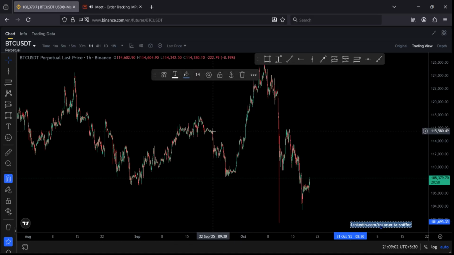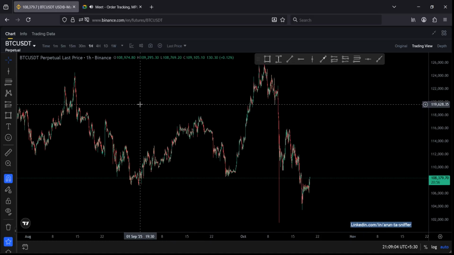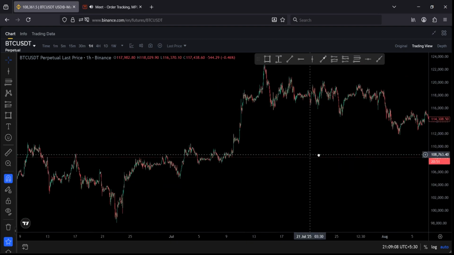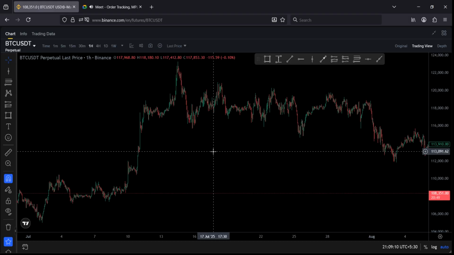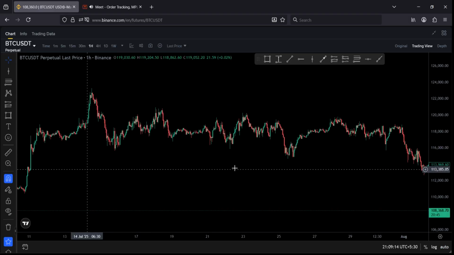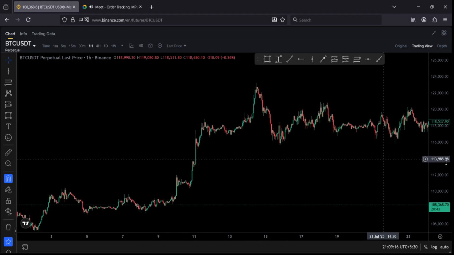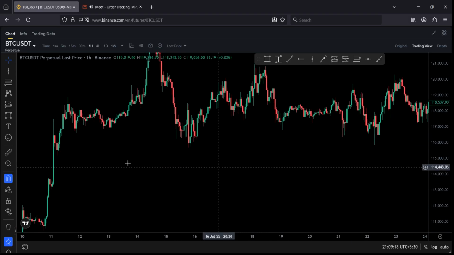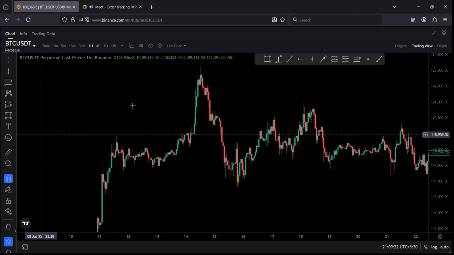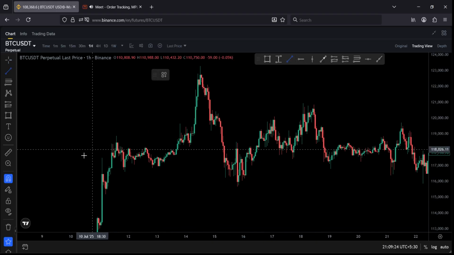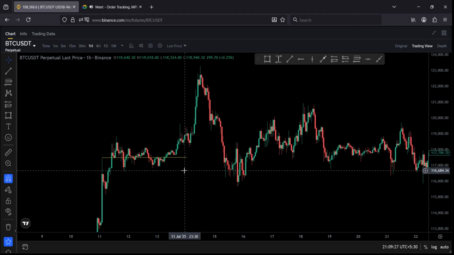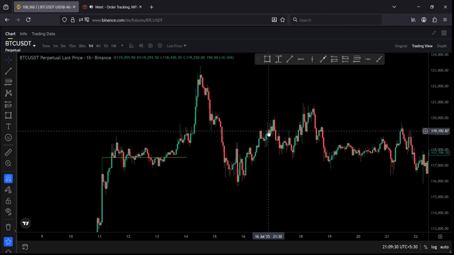Anyway, so we are going to find this structure like this. If you look at this, what is happening here? We are at an early chart, and if we draw resistance like this, then what is happening here?